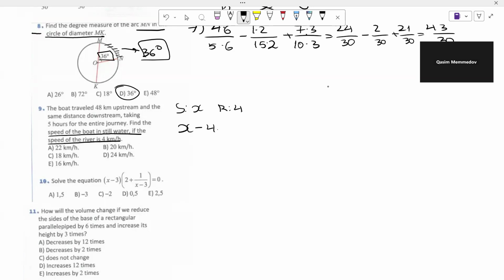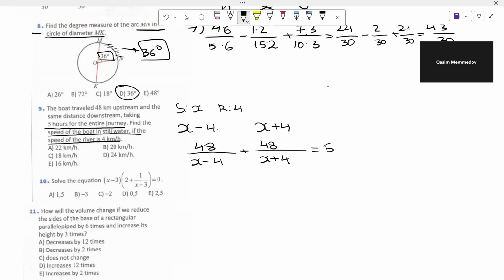And when it goes downstream, the speed must be x plus 4. Let's write this equation like that: 48 divided by x minus 4 plus 48 divided by x plus 4 equals 5. Because in total it spends 5 hours for this entire journey.